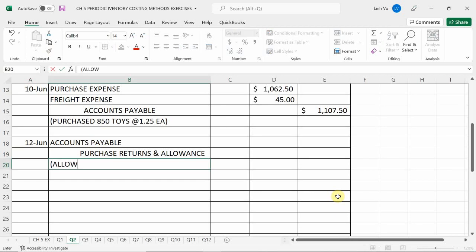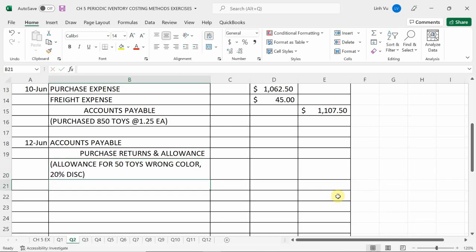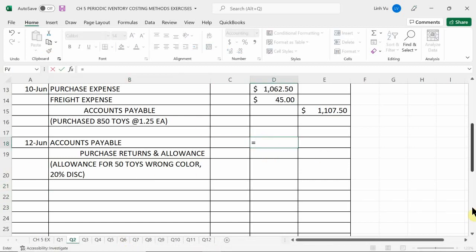And I'm going to put allowance for 50 toys, wrong color, 20% discount. So again, we're only going to be discounting the amount that we can receive a discount for.